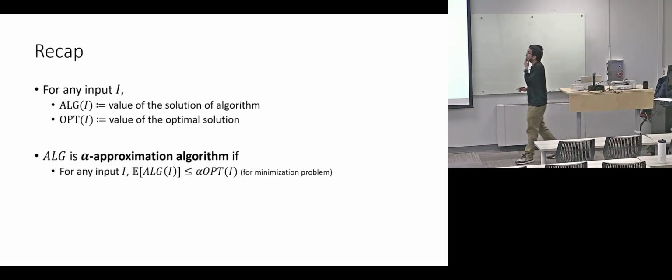So let's recall, again, the concept of approximation algorithm. Given any input I, if we denote alg(I) by the value of the solution from the algorithm, and opt(I) be the value of the optimal solution, then we say that the algorithm is an alpha approximation algorithm if for any input, it returns something that is almost as good as the optimal solution up to factor alpha.